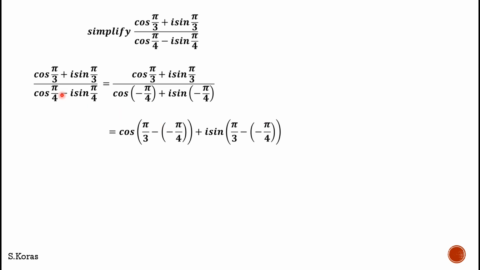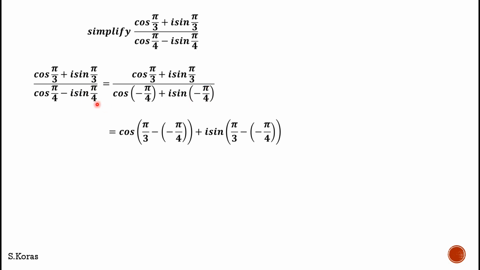So if we have minus sin theta, we can write that as sin of minus theta. So for this minus sin of pi by 4, we can write sin of minus pi by 4.